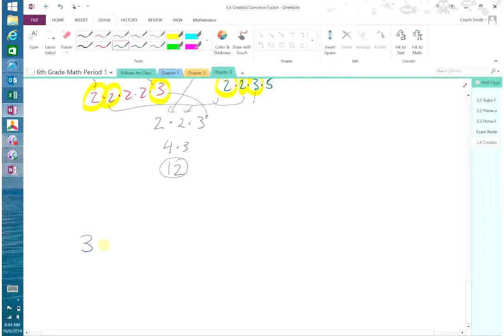36 and 72. Okay, prime factor both of them. 36 and 72, prime factor both of them.